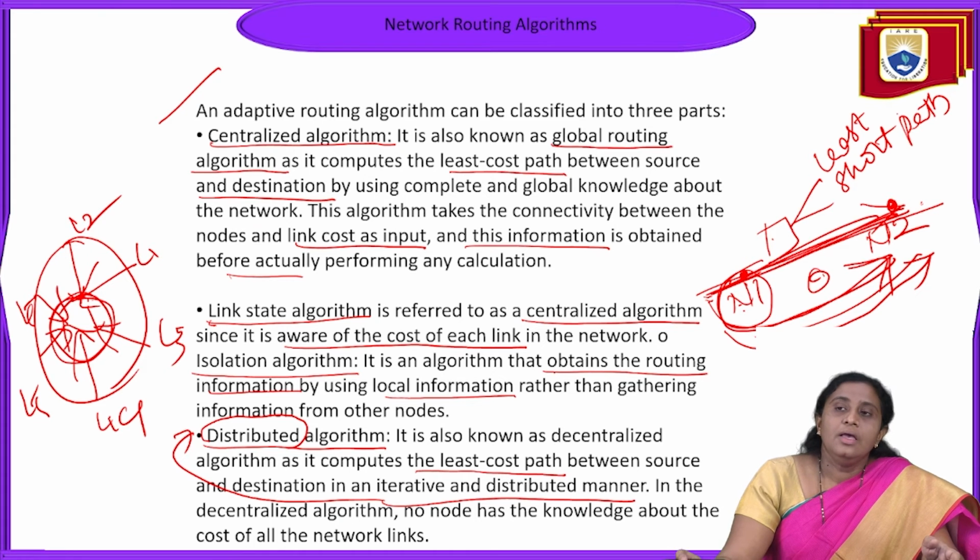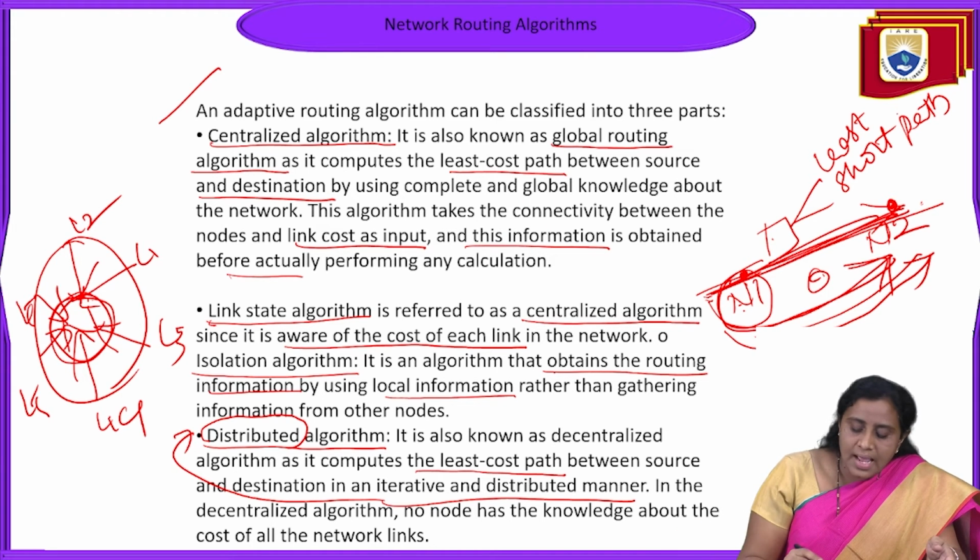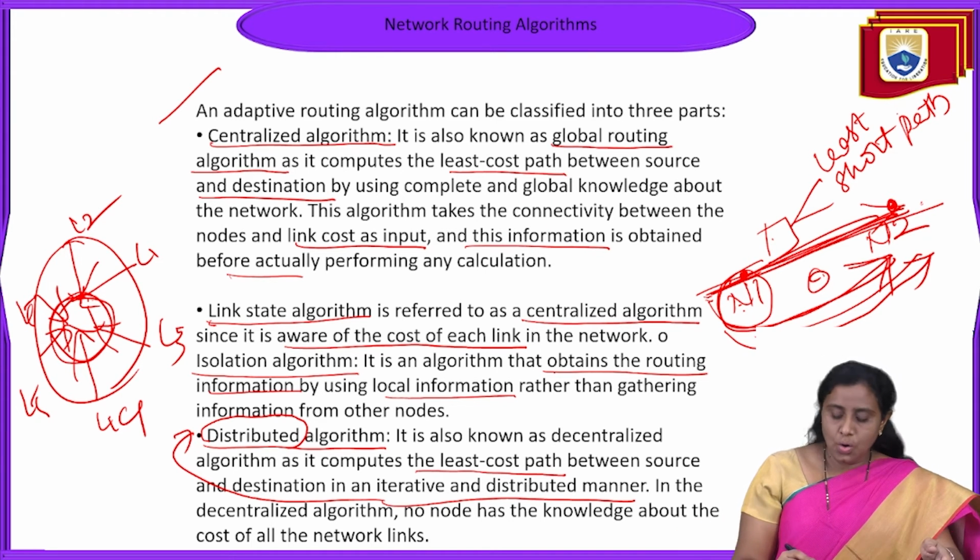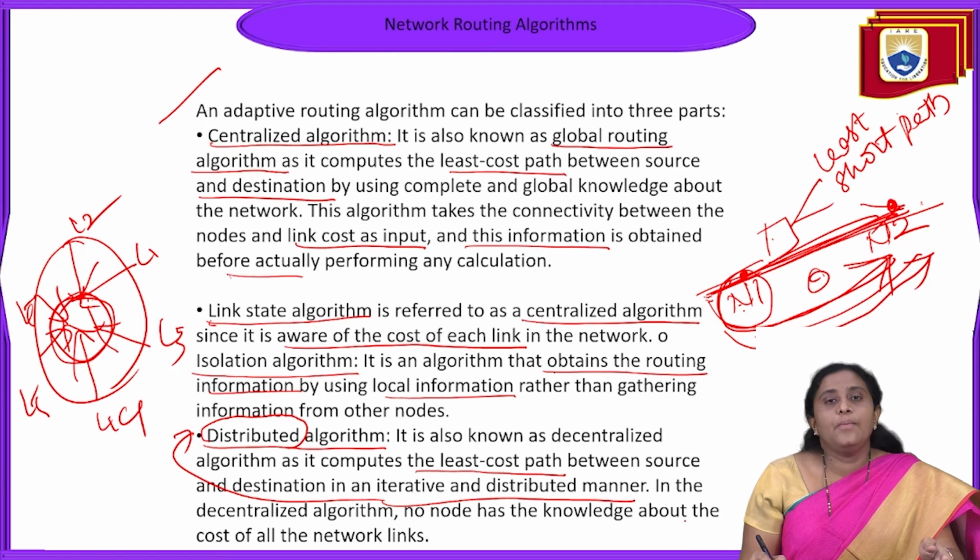It will determine the least cost path of the packets sent from one source to another destination through a number of iterations, in a distributed manner. In the decentralized algorithm, no node has the knowledge about the cost of all the network links.